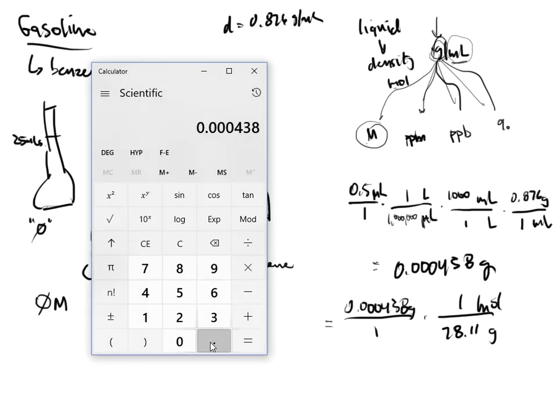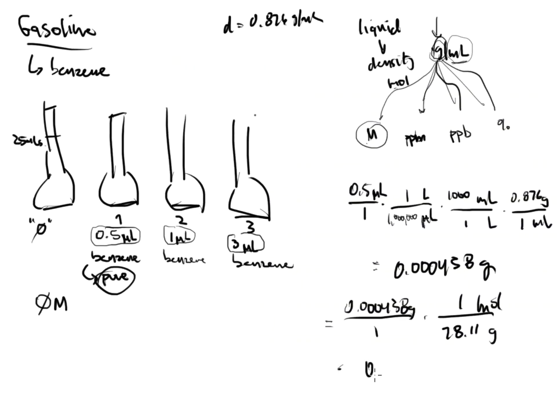All right, so I'm going to take 0.000438, and then I'm going to divide that by 78.11. I hit enter, and I'm going to get a bunch of zeros out in front. 0.000056. So 5 zeros with a 56. Now that's the amount of benzene I have in the very first flask.